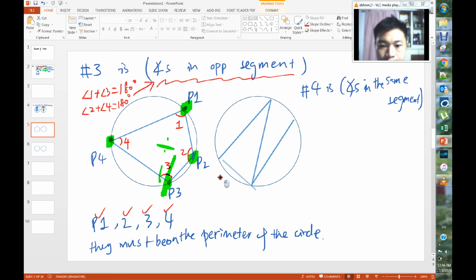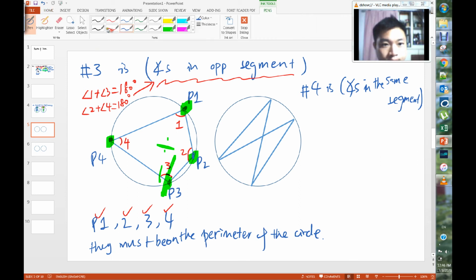Good. So let me link it up. So over here, this point touches the circumference, point 1, and this point 2 touches the circumference as well, and you have your point 3, and then you have your point 4 here. These 4 points must touch the circumference as well.